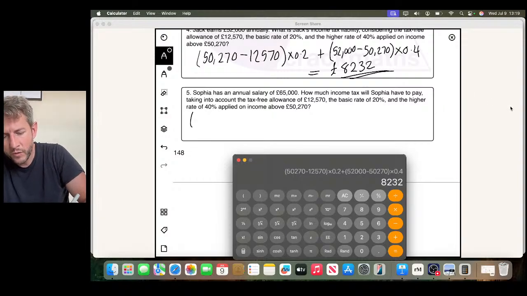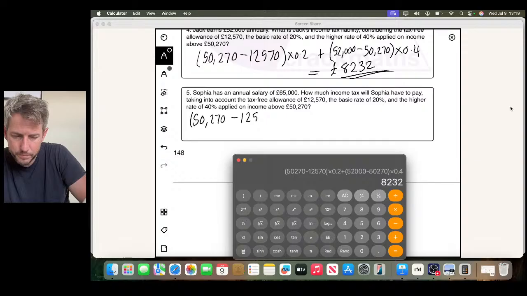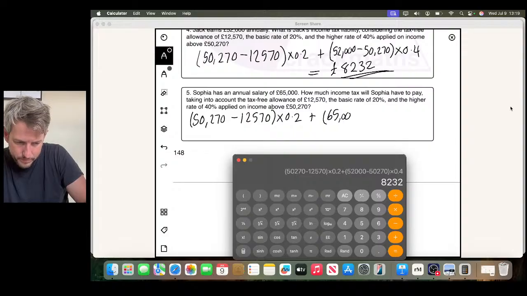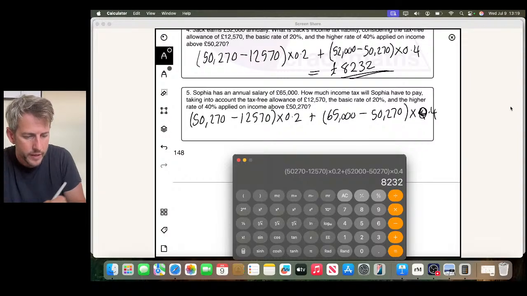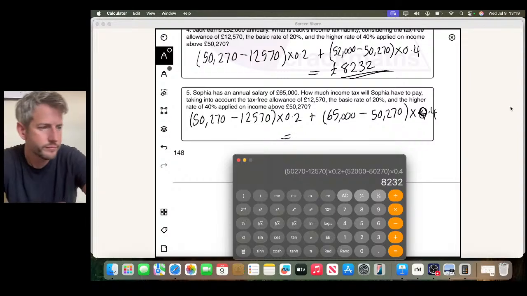So again, we know that she's getting 50,270, take away the tax-free allowance at 20%. And then we know that she's going to get everything else she earns. So the 65,000, take away the threshold, the 50,270. And she's going to pay that at 40%, 0.4.